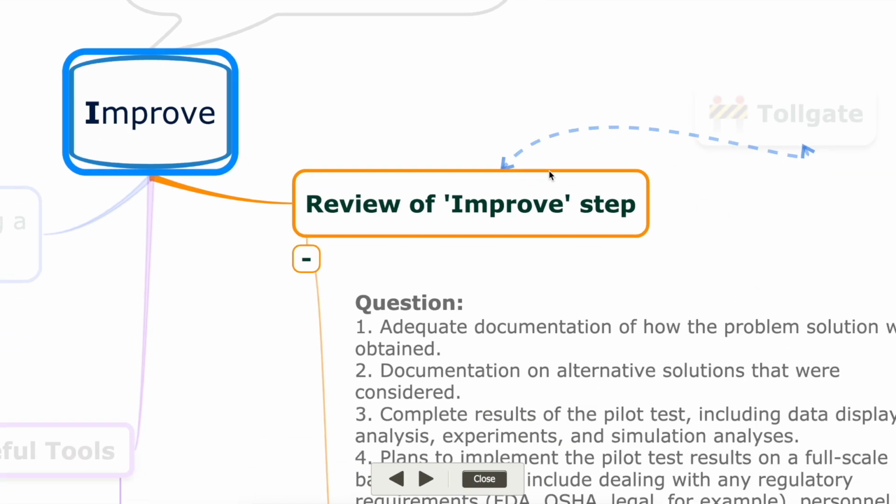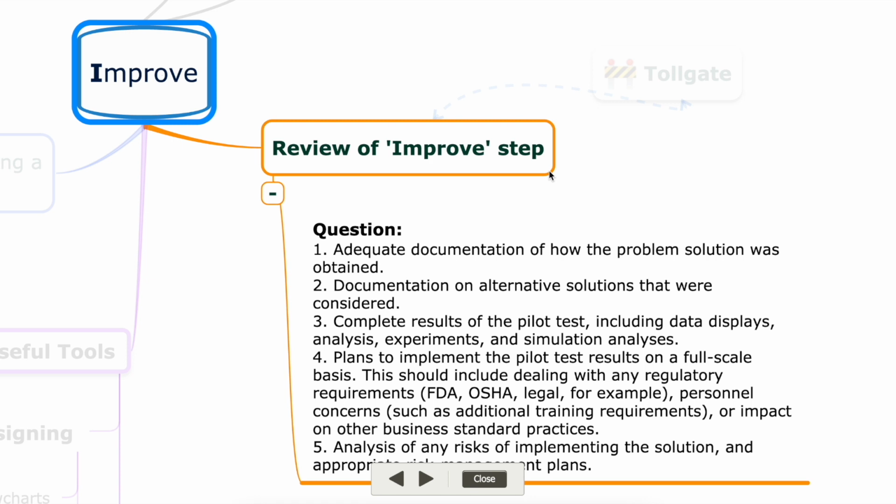And the review is made on the basis of these questions: is there adequate documentation of how the problem solution was obtained, and is there documentation of the alternative solutions that were considered? It means, what can be alternative solutions, and were those considered or not, because they can be helpful in the next improvement projects that can be taken up.